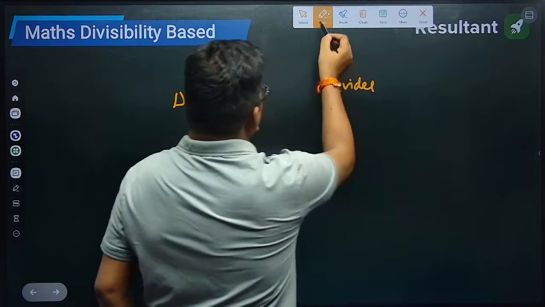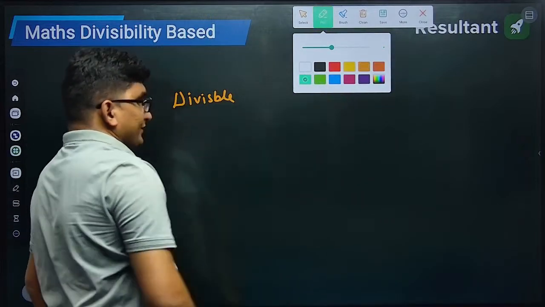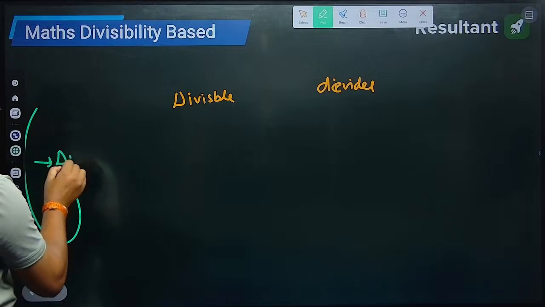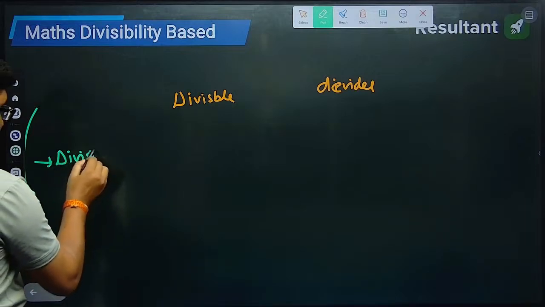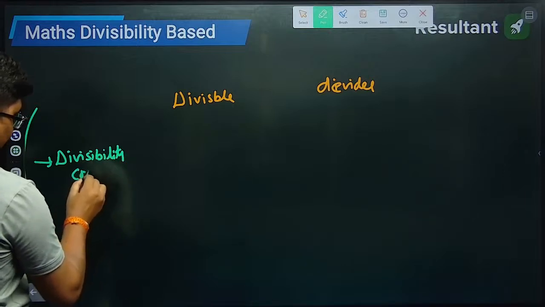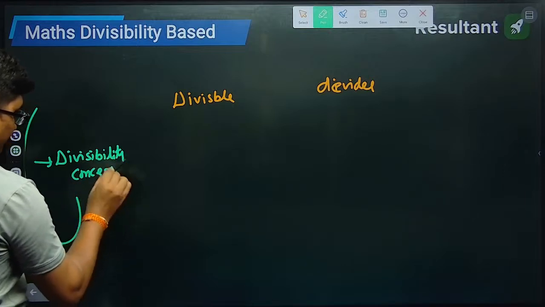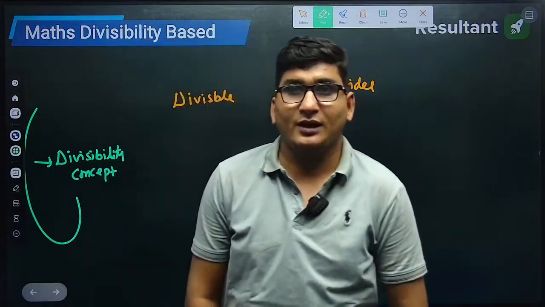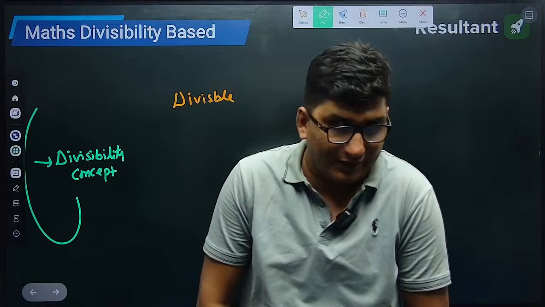Correct. So now we will know the concept of divisibility. First we will talk about two terms, divisible and divided.